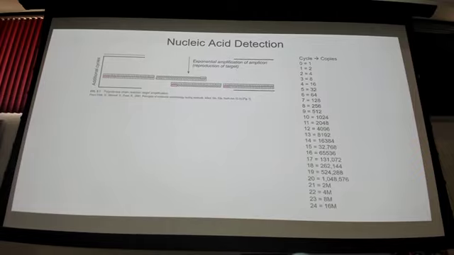PCR, we have that principle based off of presence or absence of specific nucleic acids in a specimen. So here we're using primers in order to amplify an unknown fragment of pathogen DNA. That's the whole principle. We're starting off with a specimen that presumably doesn't have a lot of DNA in it, and that's okay.